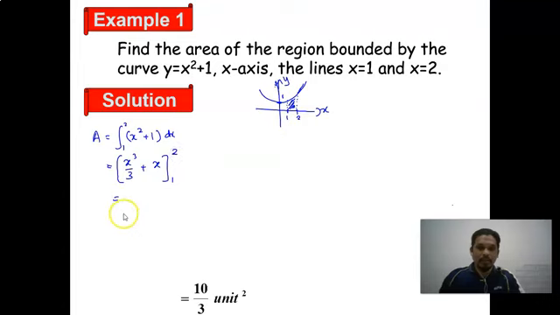Now it's time for us to substitute all the x's, with 2 first.